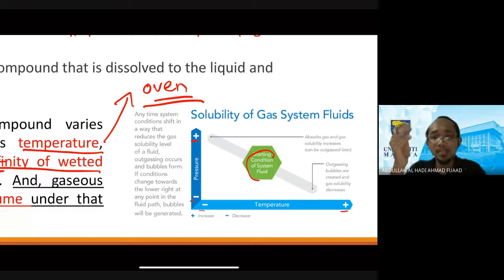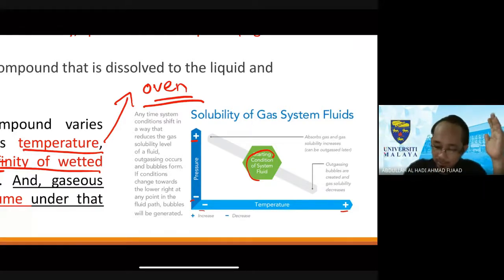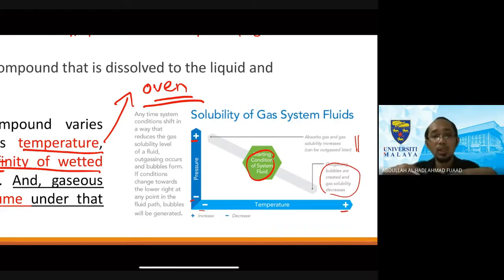As you change either the pressure or the temperature, you might have an effect of absorbed gas or gas solubility increasing, so bubbles form later, or gas bubbles are created and gas solubility decreases. So it plays around with how the bubbles can form.